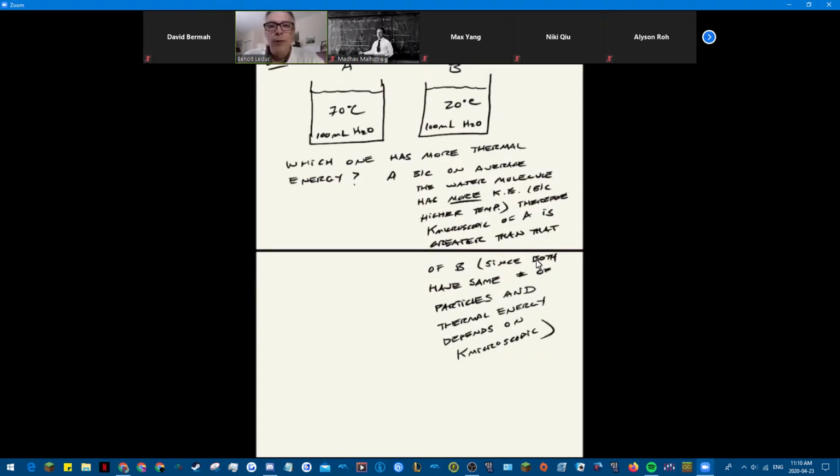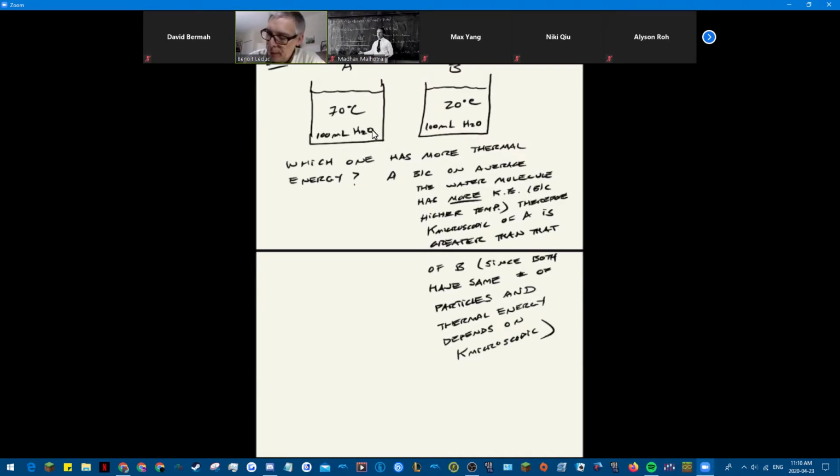So it's A because, once again, on average the kinetic energy possessed by the hotter body, the higher temperature water, is higher per molecule than this one. Since they have the same number of molecules, there's more microscopic kinetic energy in this one than in the colder one. And since thermal energy is microscopic potential energy plus microscopic kinetic energy, and the microscopic kinetic energy is greater, the thermal energy will be greater.